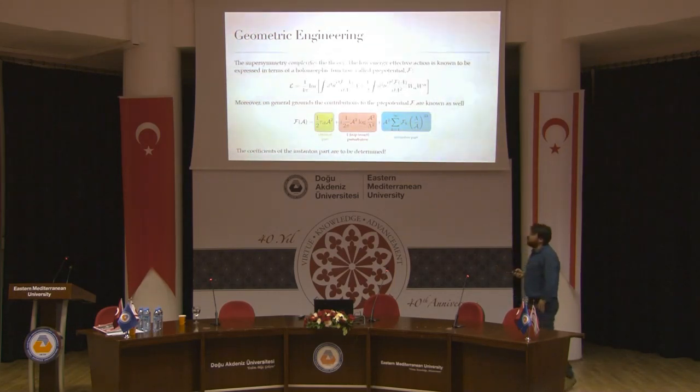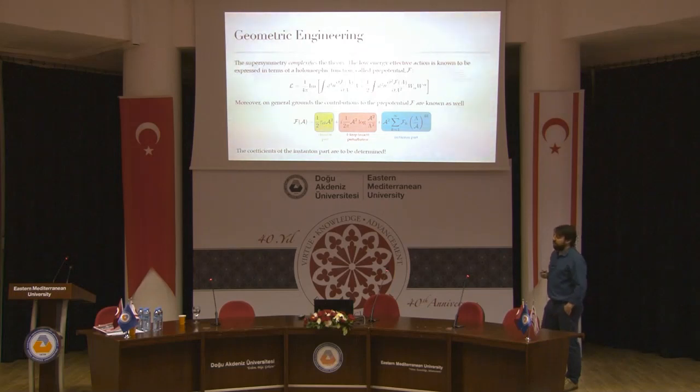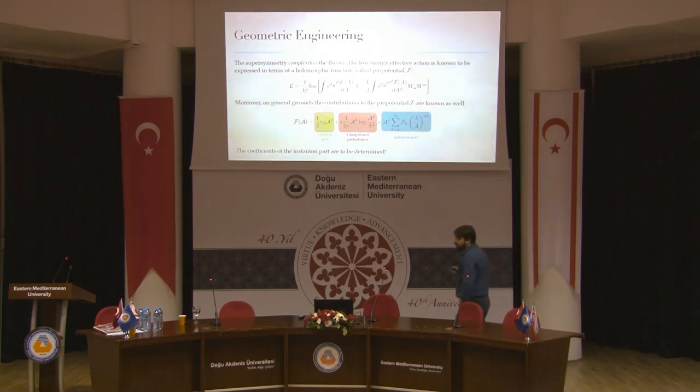It's been a long known result, even before the theory was solved, that the effective Lagrangian, so the Lagrangian that governs the low energy physics, can be written as derivatives of a simple function. That's called the prepotential. So this curly F is what's called the prepotential. If you know F, you can just take its derivatives and write down your effective Lagrangian. It's that simple.